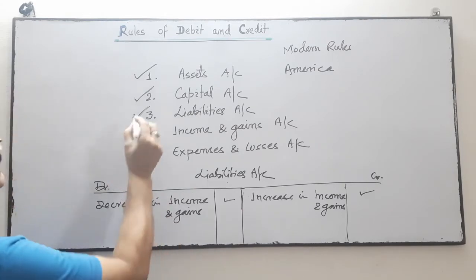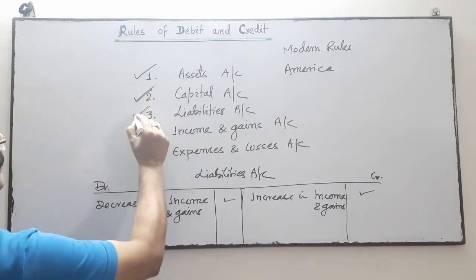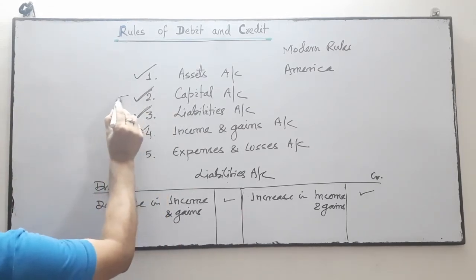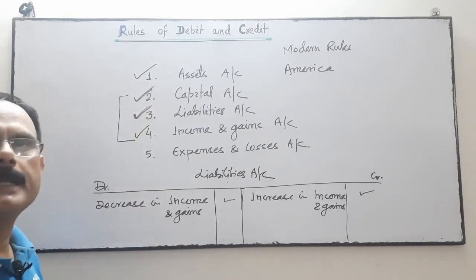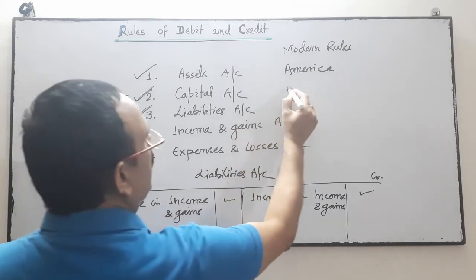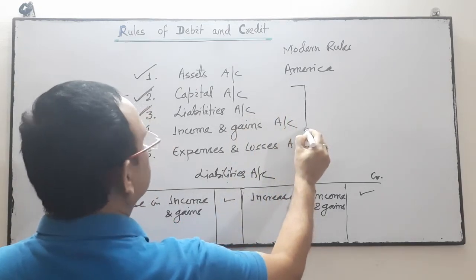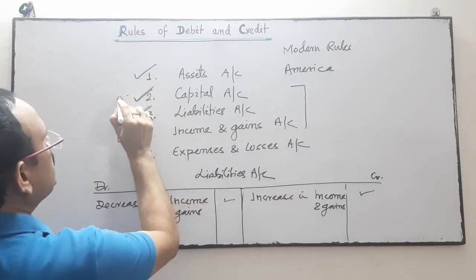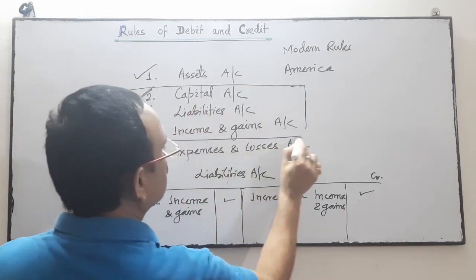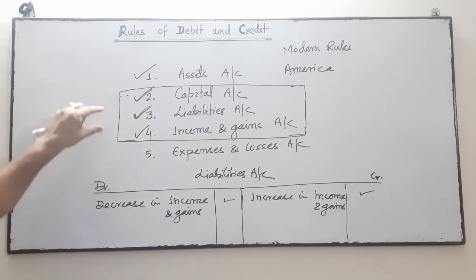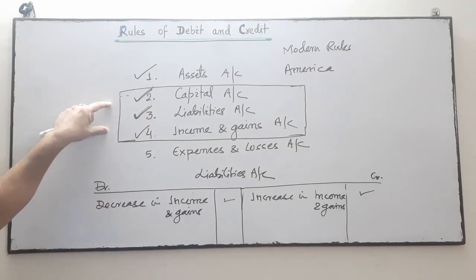So the rules of these three are the same: the rules of capital, the rules of liability, and the rules of incomes and gains are the same for debit and credit.